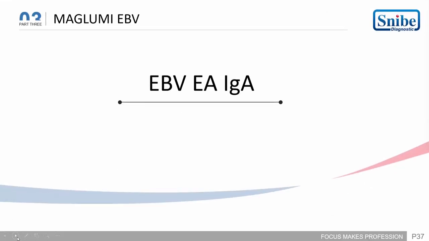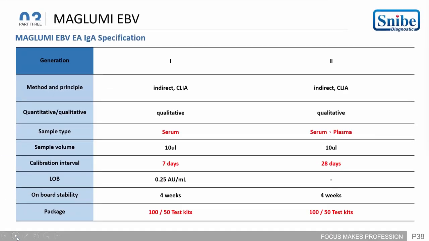So if we talk about EBV EA IgA one by one, the internal specification, we have two generations, the first generation and the second generation. Both are qualitative analysis, and serum and plasma are recommended in the second generation.